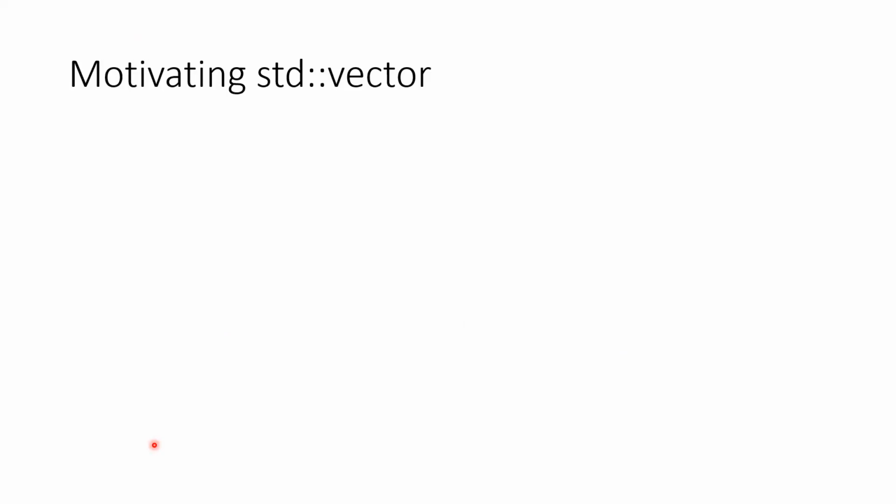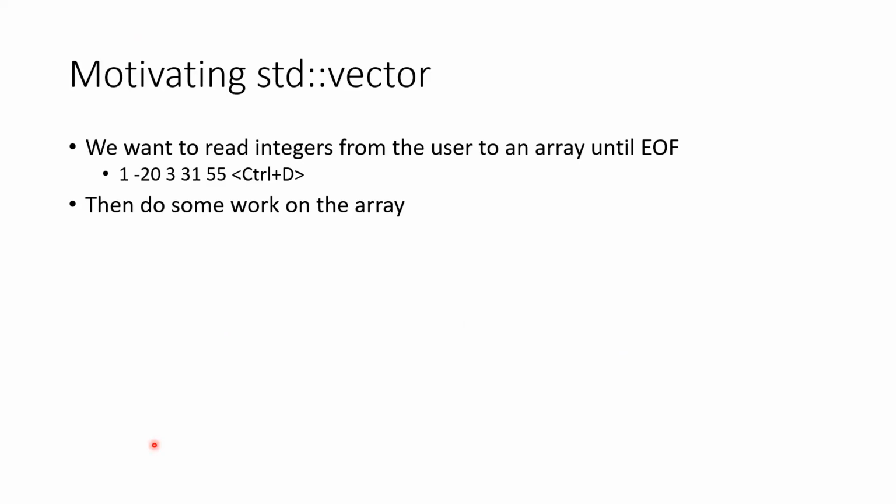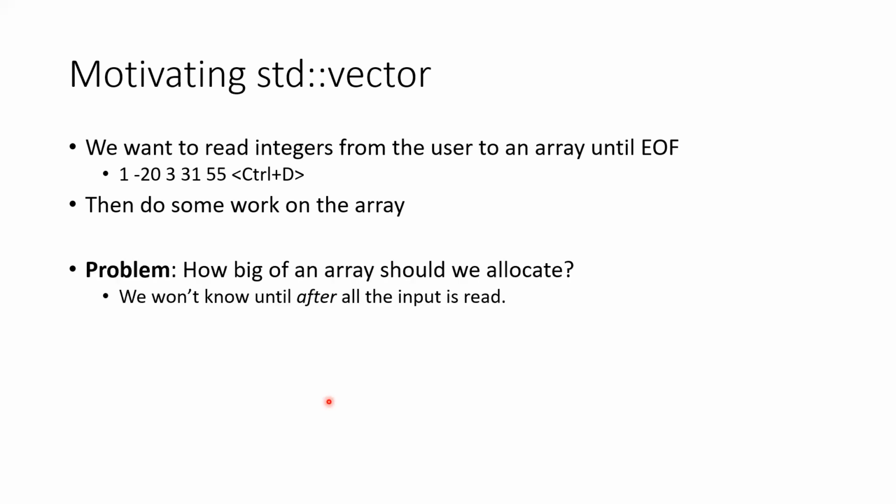So why do we want to use std::vector? For example, we want to read integers from the user, like from a file or from cin until end of file. Until Control+D means end of file when you are entering through cin. Then we do some work on the array, but you don't know the exact length of the array. So how big of an array should we allocate?